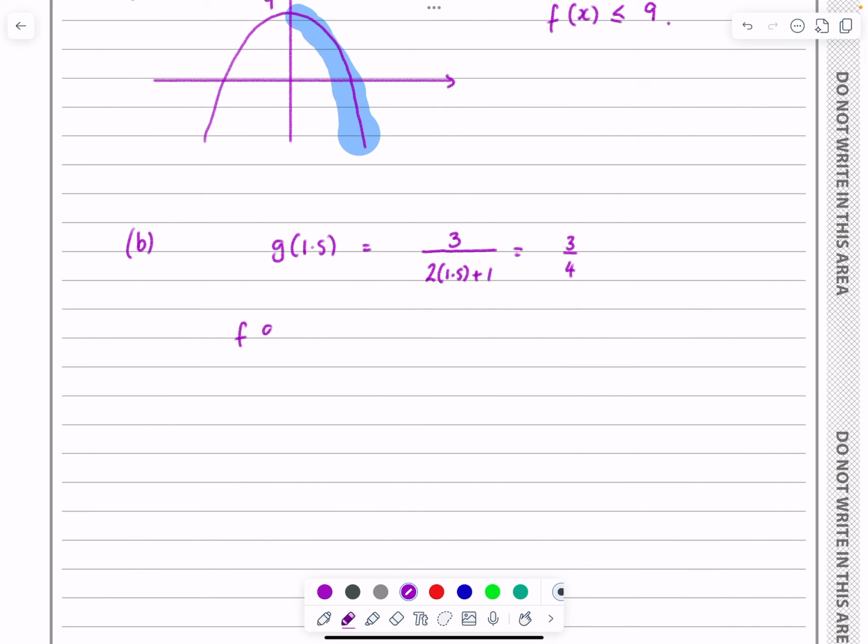So fg(1.5) is f of 3/4. And f of 3/4 is putting 3/4 into the function 9 minus x squared. So 9 minus 3/4 squared. And that works out to be apparently 135 over 16.